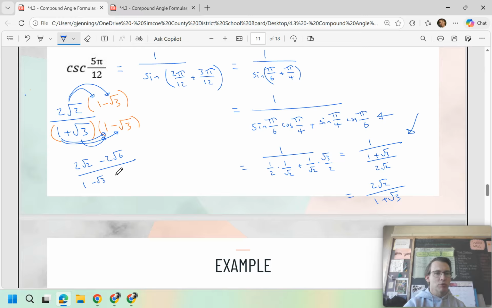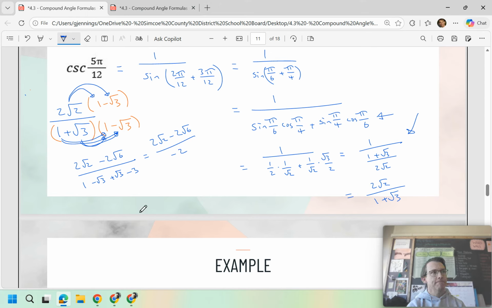Positive root 3 times 1 is positive root 3. See how those will cancel? And then root 3 times negative root 3 is negative 3. So then we get 2 root 2 minus 2 root 6 over minus 2.